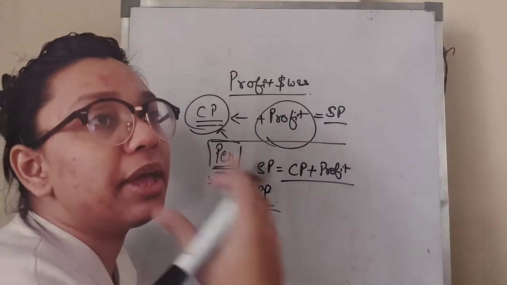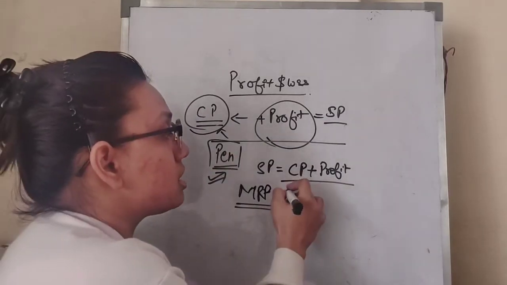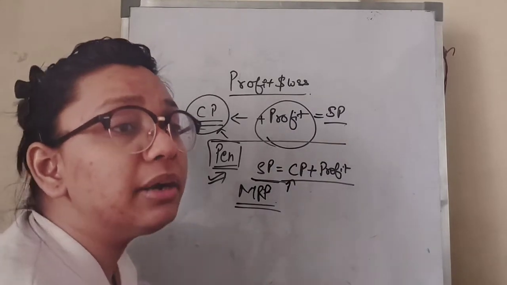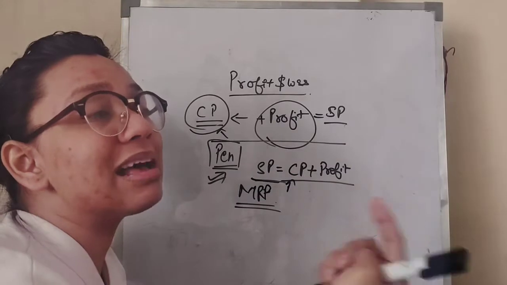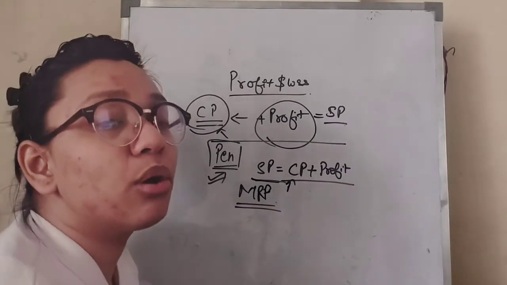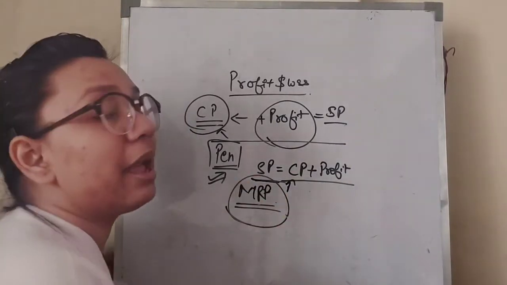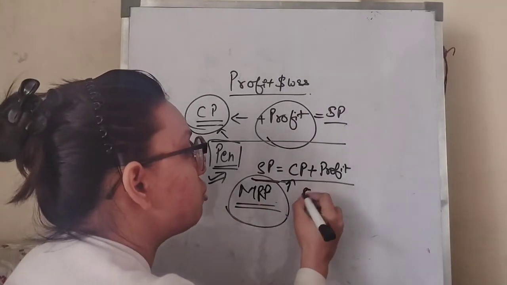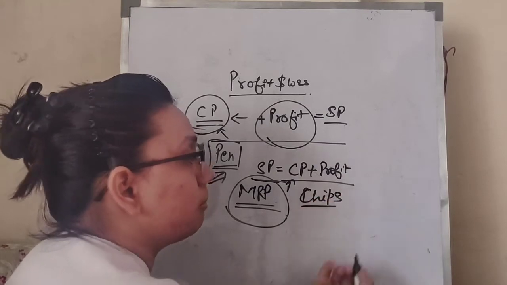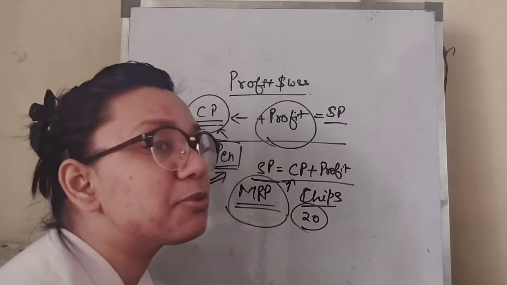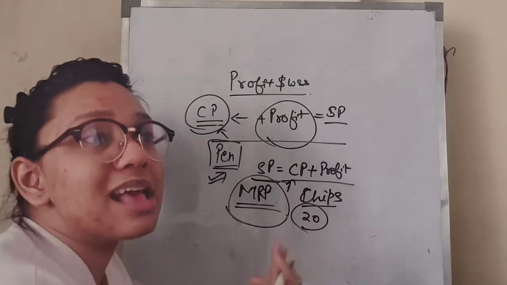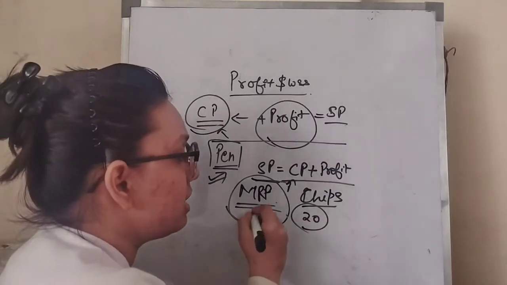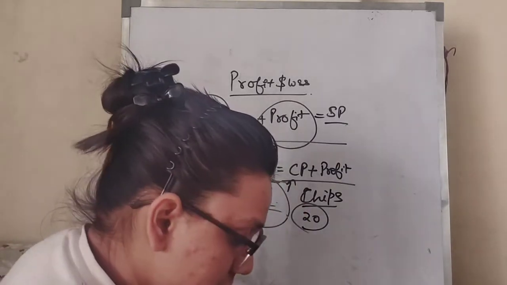Why? Because selling price is the actual price that is available to the consumer for buying, but how we come to the selling price is all dependent upon MRP. For example, if I'm purchasing a chips packet, maybe it has 20 rupees as a print rate, but it's not necessary that we receive that product at the print rate. So there is a difference between MRP and selling price.